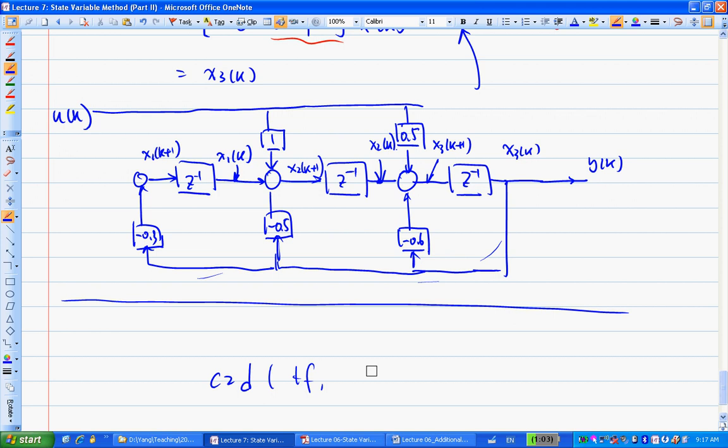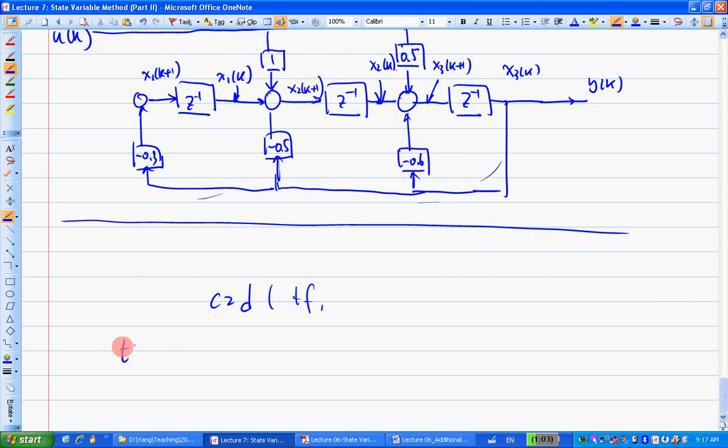Let me just confirm there. Sorry, not the C2D. It's this TF to SS here. This command here. It's TF to SS.